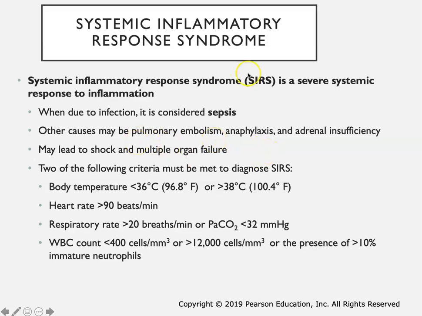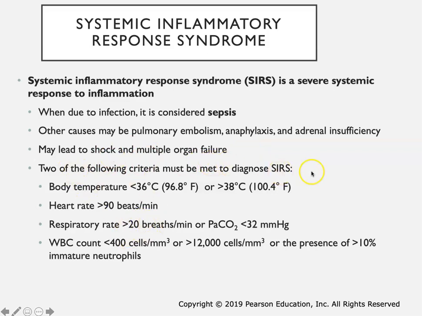Other causes of this include pulmonary embolism, right, that's a blood clot in the lung, in the pulmonary vessel somewhere, anaphylaxis, and adrenal insufficiency. These all can cause this severe inflammatory response, okay? It can lead to shock and multiple organ failure. Like I said, super dangerous.